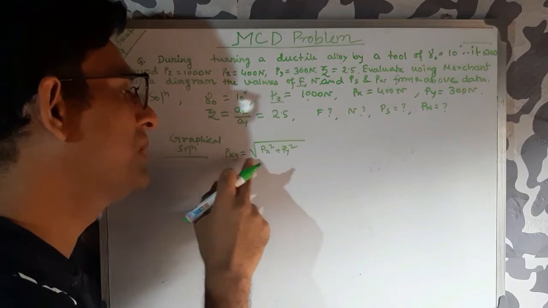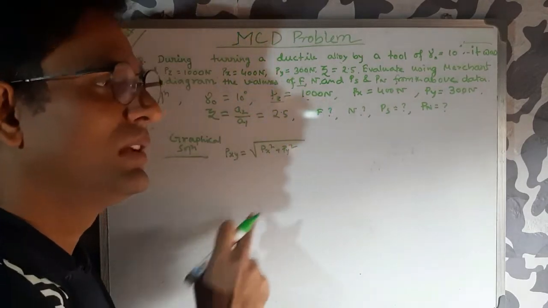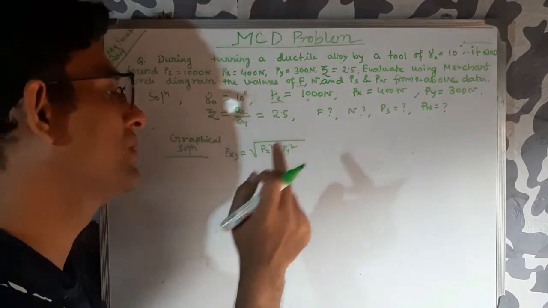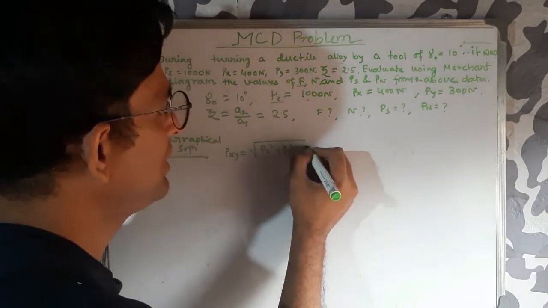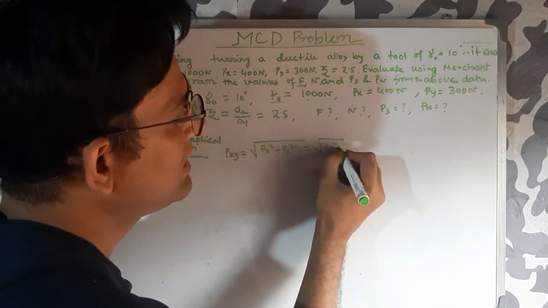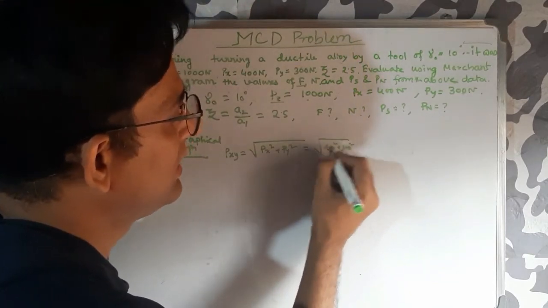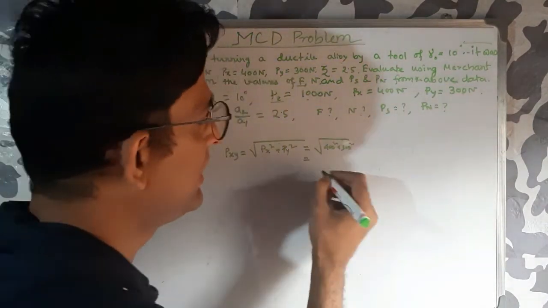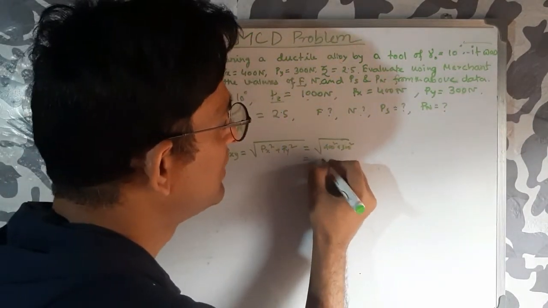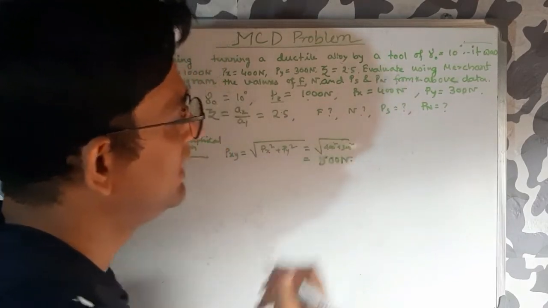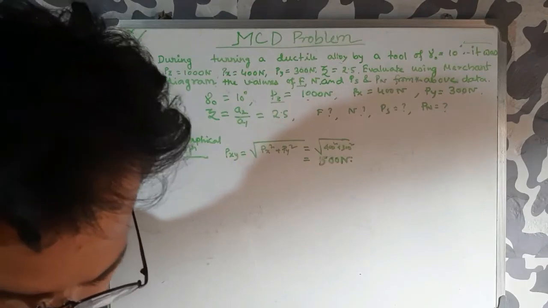So Pxy is equal to the root of 400 square plus 300 square, and this value becomes 500 Newton.